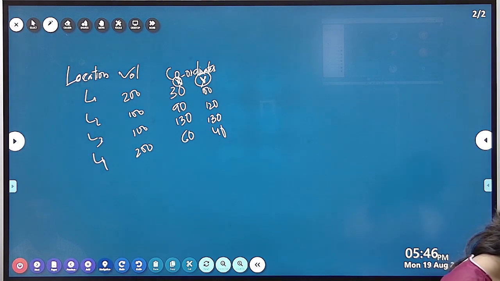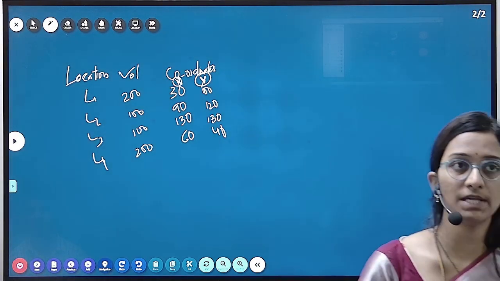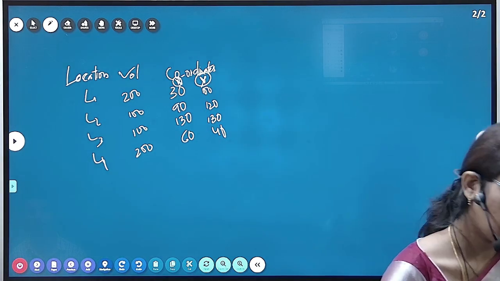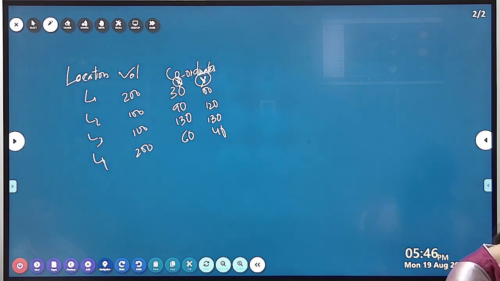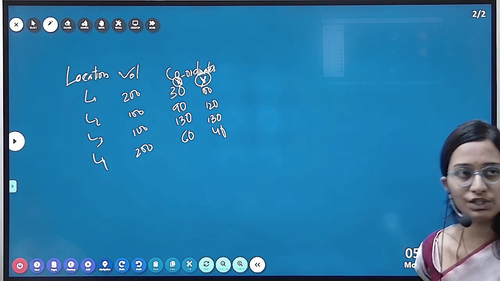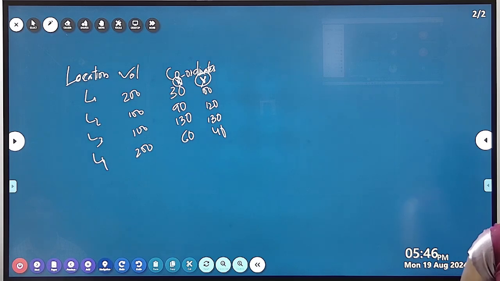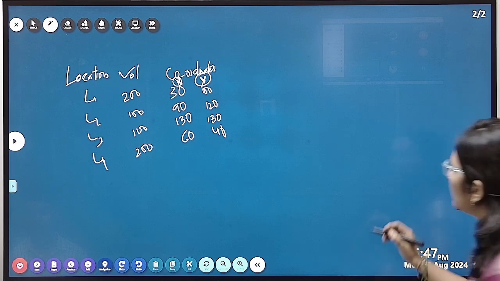That's all. Question. Okay. So they are telling us to find the best location using which method? Center of gravity method. This method has a formula. So what is that formula? X is equal to summation Vi into Xi divided by summation Vi. So write down the formula.